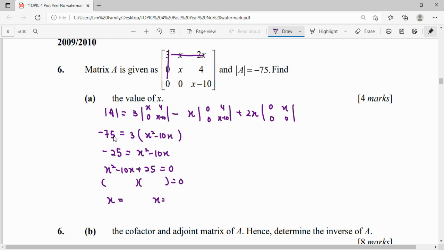We can also use our calculator. In the equation mode for quadratic, we input A is 1, B is negative 10, C is 25. You'll notice that you get the same answer, which is x equals 5. That means these quadratic equations have the same roots, so they are factorized with the same factors.